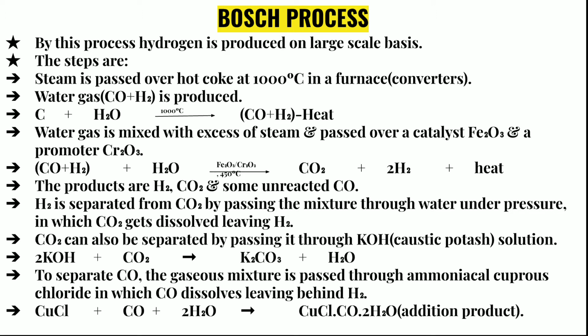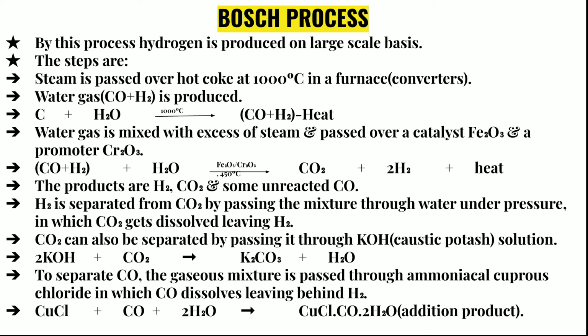So first, what do we do in this Bosch process? First, we pass steam over hot coke at around 1000 degrees centigrade in a furnace known as converter. Now the water gas is formed. What is water gas? Water gas is carbon monoxide and hydrogen. Now this is an endothermic reaction because it absorbs heat to complete the reaction.